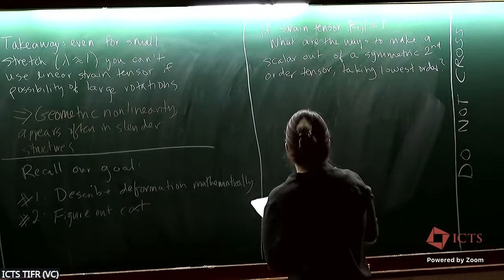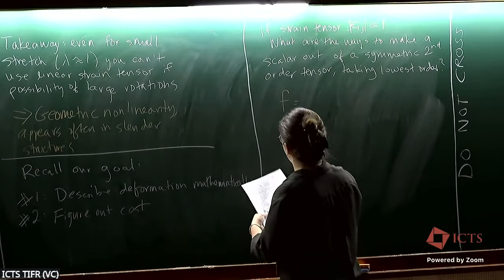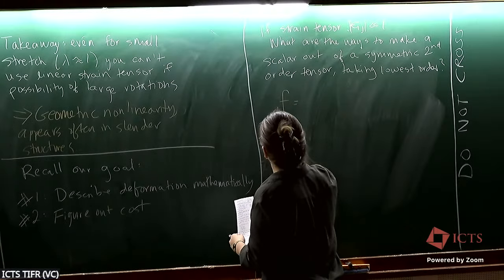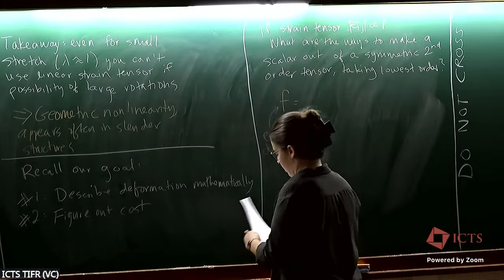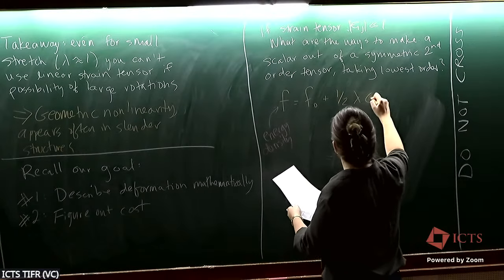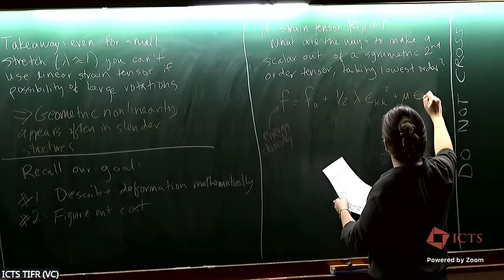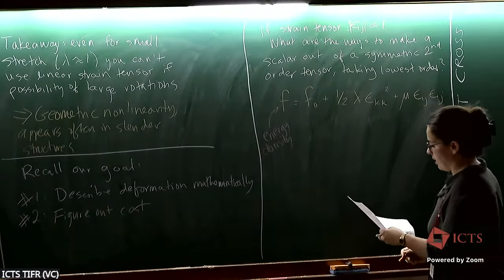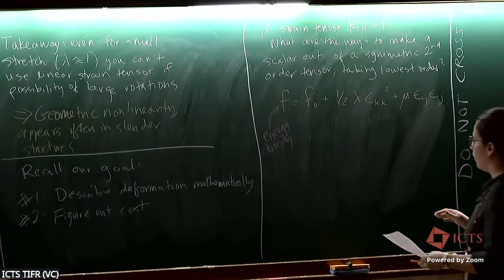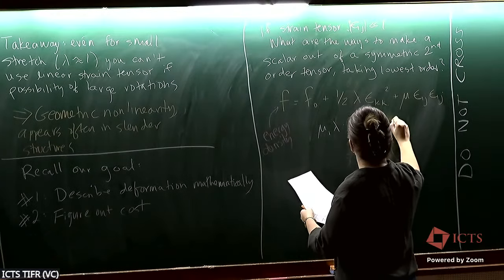So when we do that, the answer is, this is our energy density. And this gives us an expansion where we have a constant plus 1/2 lambda epsilon_kk squared plus mu epsilon_ij epsilon_ij. And this is all there is at lowest order. This is all that we can do. Mu and lambda are the Lamé coefficients.